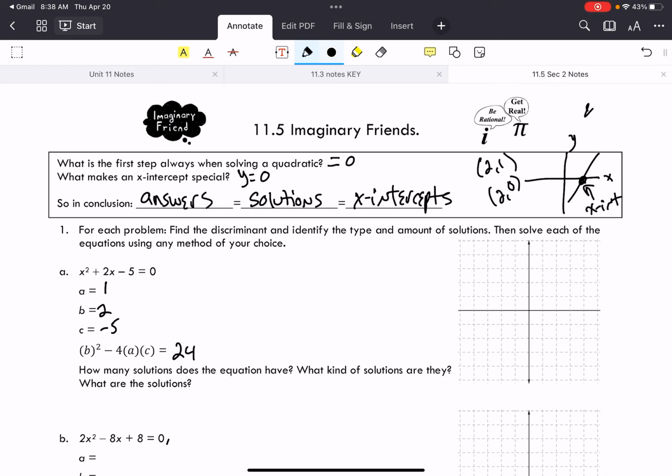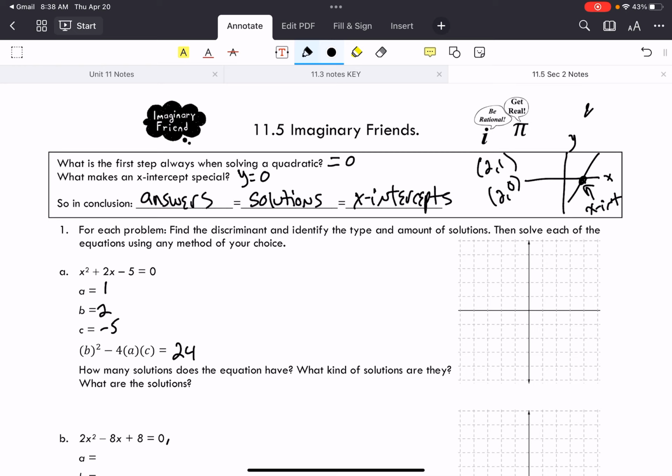How many solutions does it have if it's not a perfect square? Go back and look at your 11.3 table or 11.4. This is what we've been working on the last 2 days. I know you can do it.